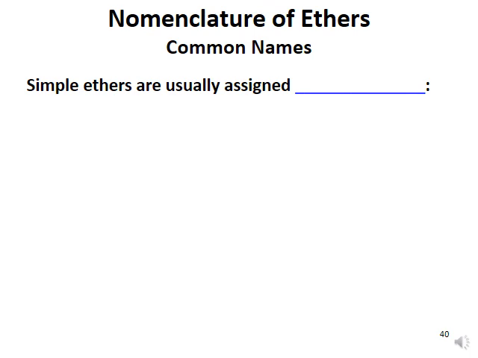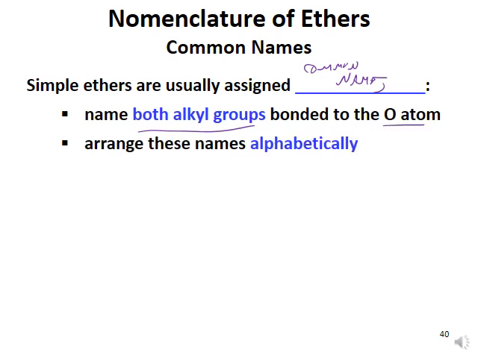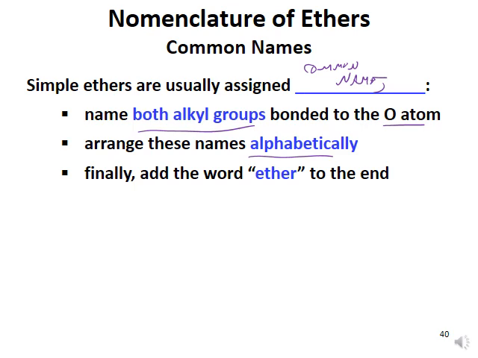Simple ethers are usually assigned just common names. And the way you do that is real simple. You name both alkyl groups bonded to the O, put them in alphabetical order, and then say the word ether at the end. Bing-a-bang-a-boom. This is a methyl.